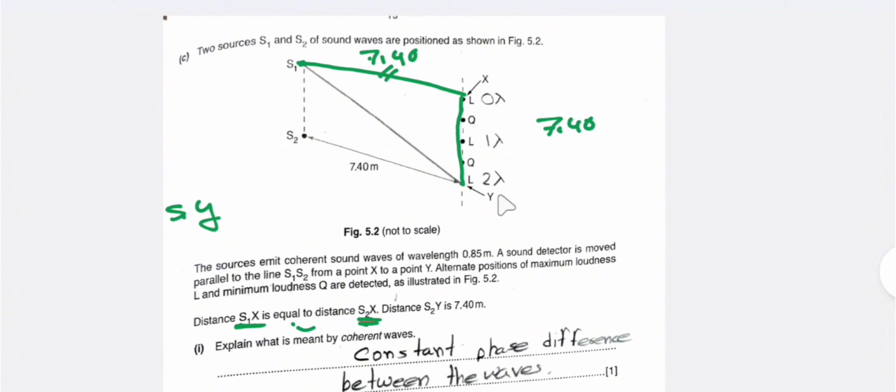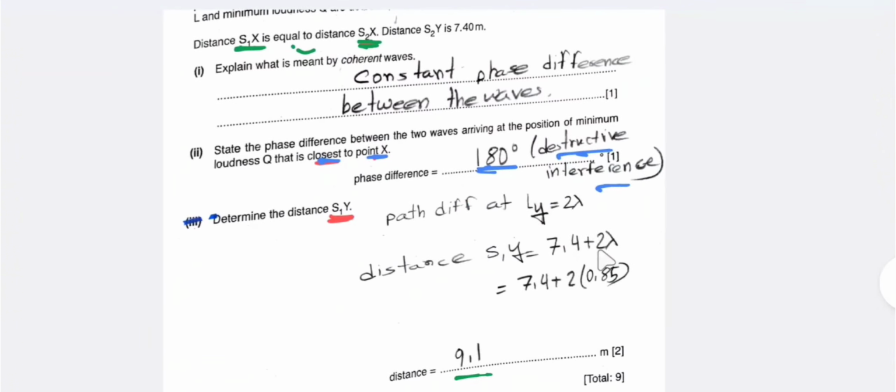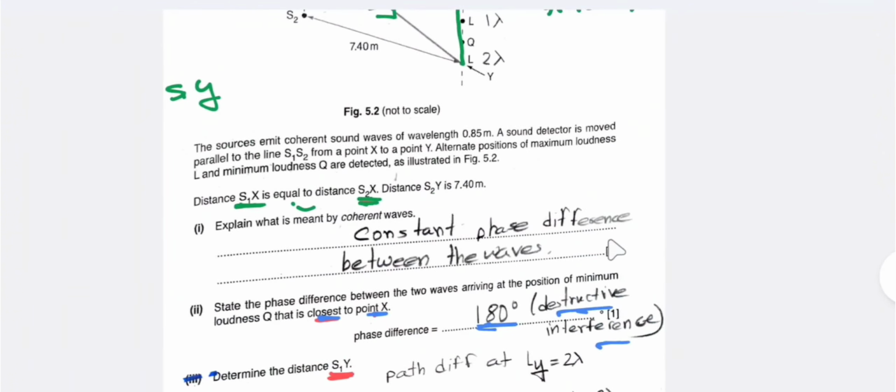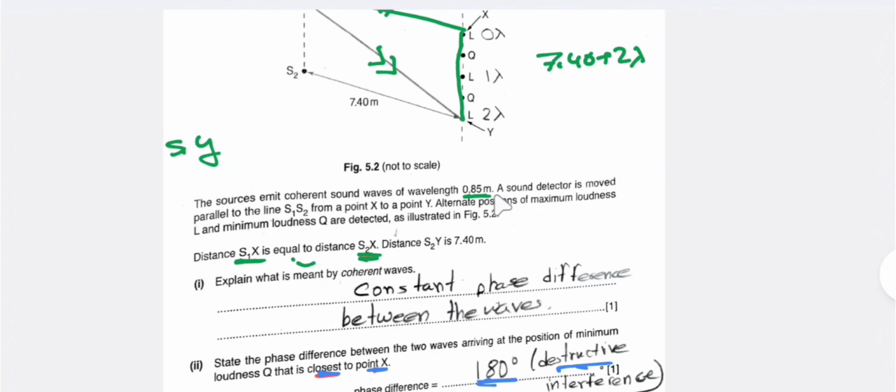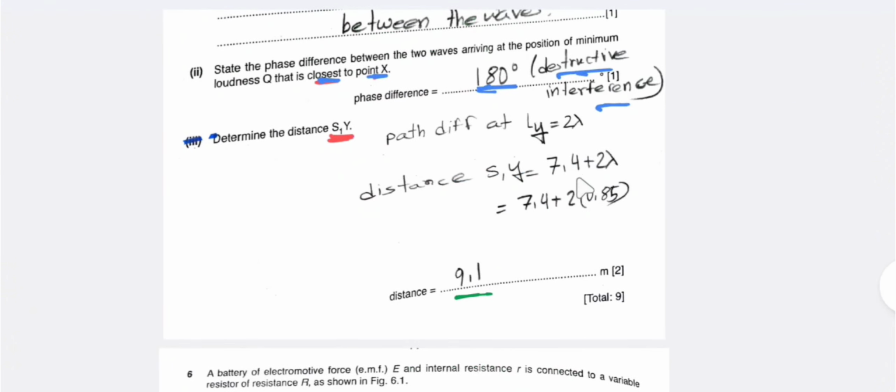That is, x to point y is 2 lambda. So the total distance is 7.40 plus 2 lambda. And what is the value of lambda? We are given the wavelength as 0.85 meter. Substituting the value, we get the distance as 9.1 to two significant figures.